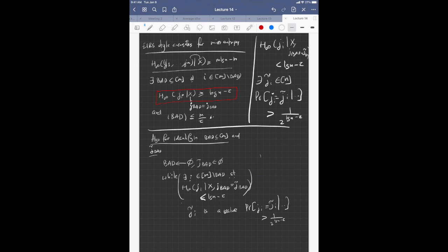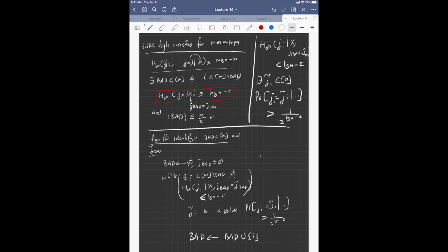This is a value which witnesses this drop in min entropy. So we fix ji to be j tilde I, and we then add I to the set of bad rows. So bad rows is updated to be bad rows union I.